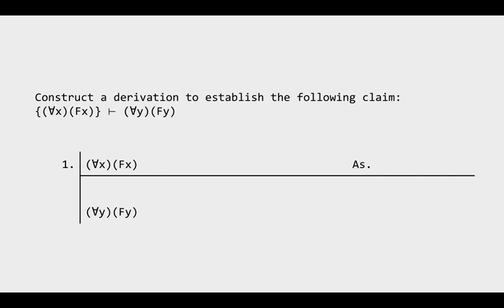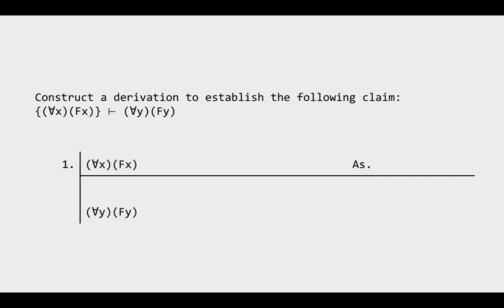Okay, so first it asks us to construct a derivation from that set to that sentence. So, well, we know the setup for this. It is quite simple. You take the content of the set and you set it up at the top of the derivation as your assumption, and then you go ahead and draw the sentence to be derived as a conclusion at the very bottom of your scope line.